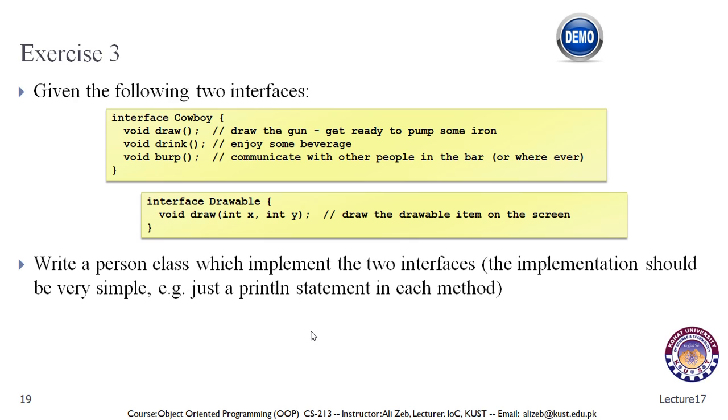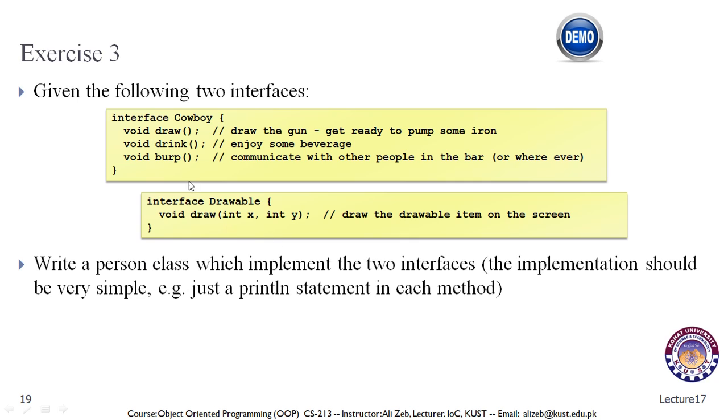You have an interface that has some methods. Write a Person class which implements the two interfaces. The implementation should be very simple, just a println statement in each method.